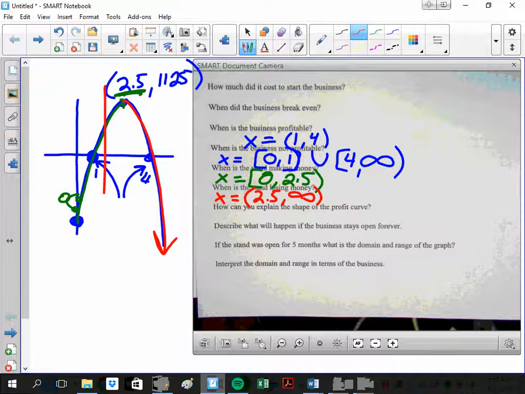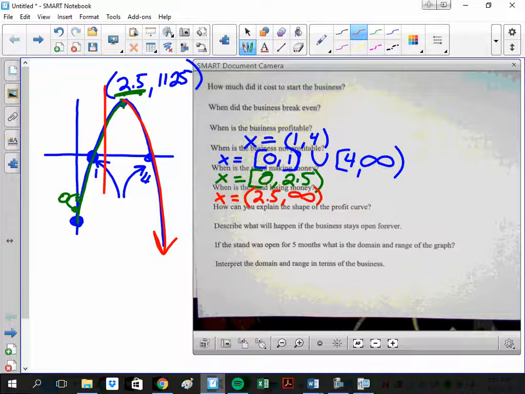There are lots of explanations. I don't care what your explanation is, so you need to pick one. Okay, describe what will happen if the business stays open forever. What's going to happen if we stay open forever according to this model? You're going to keep losing money forever.